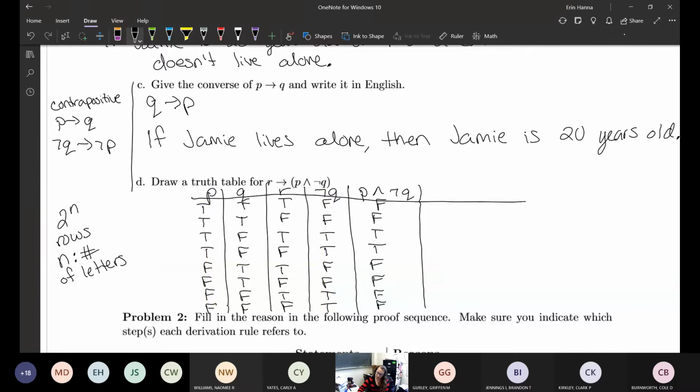Once you get there, now we can finally do our implication. Remember, with implies, this is the one that gets a tiny bit weird. If I say something like, if it's raining, then I will give you a ride home.